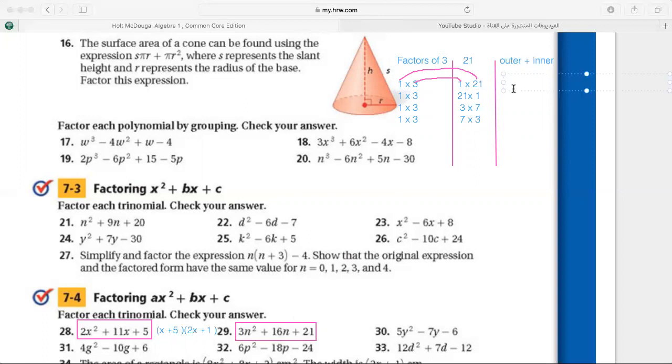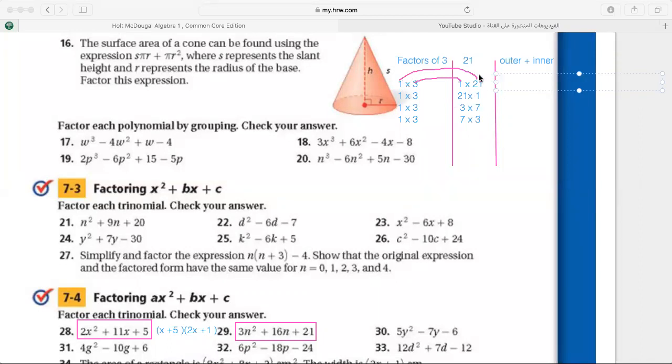What is the outer and inner? 21 and 3 will not give me 16, right? Because I don't have a negative sign here. If I have a negative sign here, maybe subtracting will help me, right? I must use my mind. I must use mental math and my mind to help me answer faster.